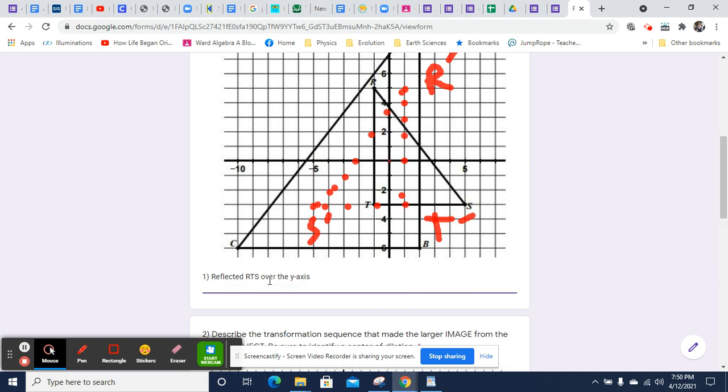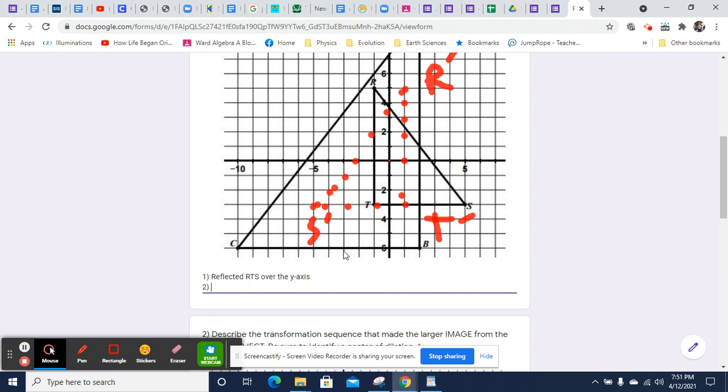And then we would have dilated it. So currently, T prime is 1 over and 3 down, and B, which would be T double prime, is 2 over and 6 down. So we've dilated T by a factor of 2.